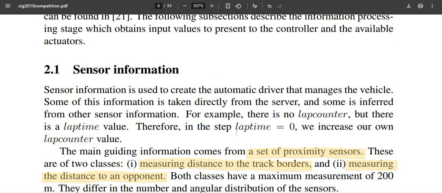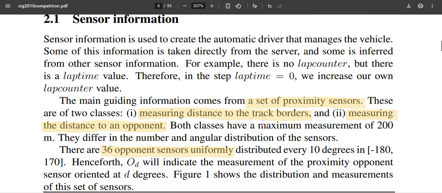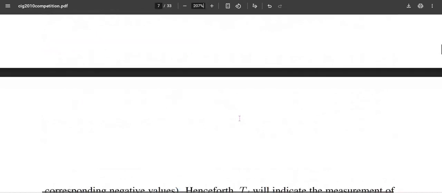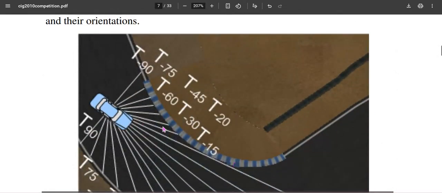Track information will not be given directly, but through some kind of proximity sensors based on two types of classes. One is the information about the track, given based on the measured distance to track borders. What does that mean?